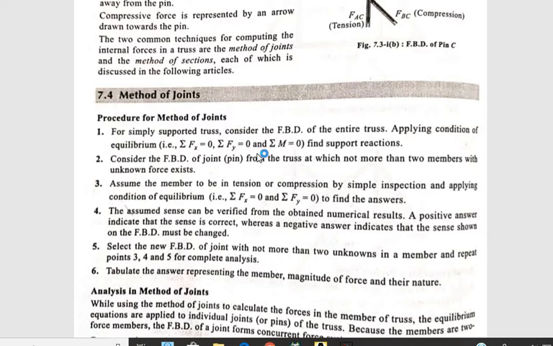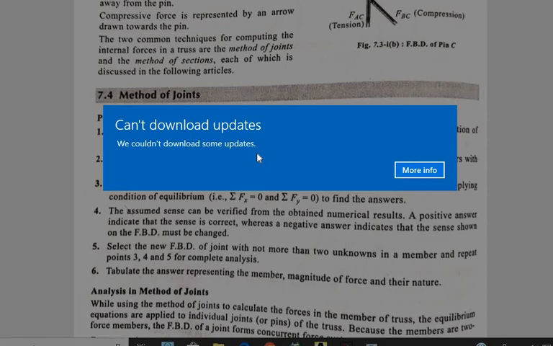We have to select a joint where the unknown members are not more than 2. If there are three unknown members at a joint, we are not able to select that joint. We are going to discuss this when we solve the numerical.